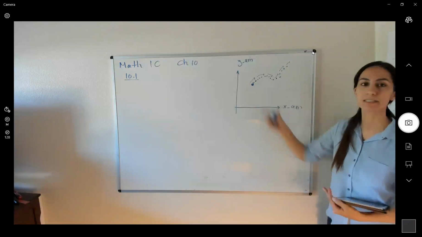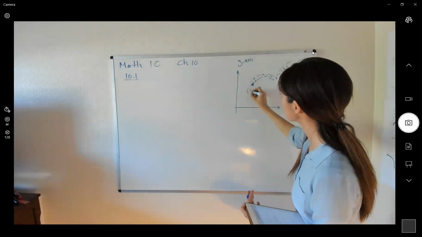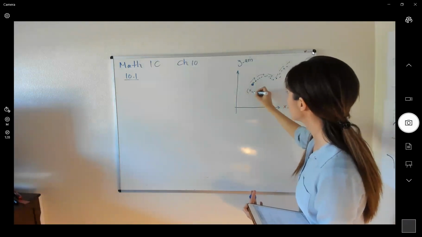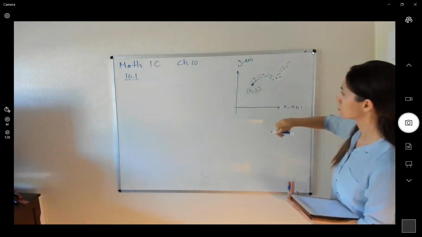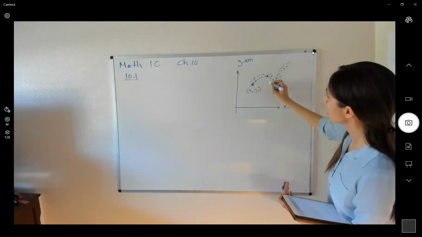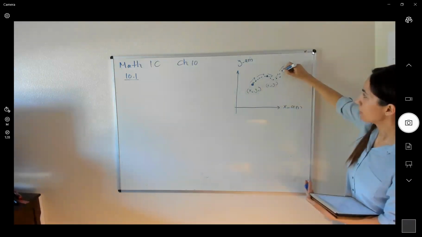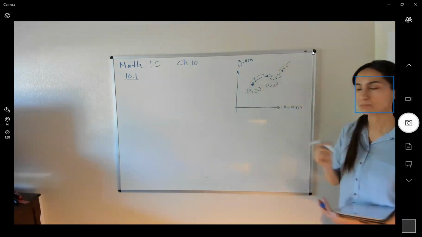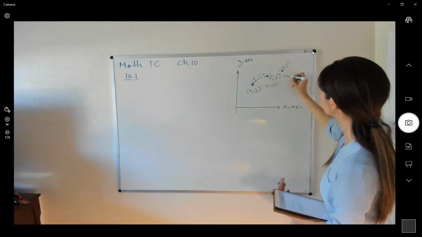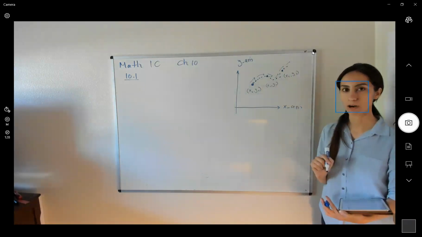This is the position of your particle. At this point, it is x sub 0, y sub 0. When it moves along the curve at this point, for example, it is x sub 1, y sub 1. At this point, for example, it is x sub 2, y sub 2. So it just gives the position of your particle.